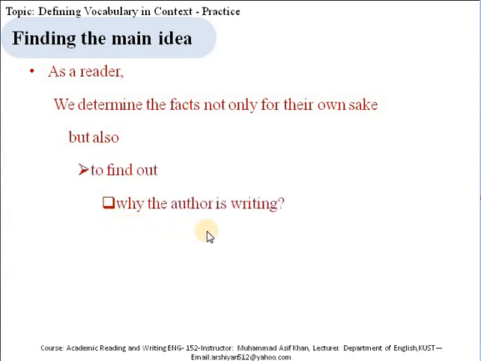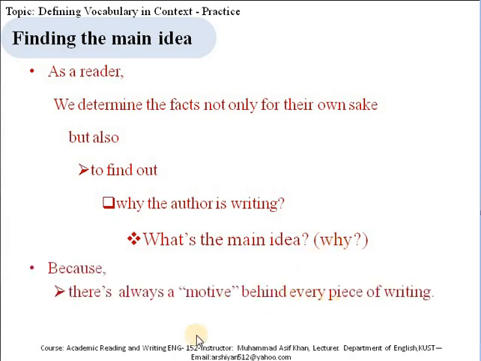When we answer the question of why the author is writing this piece of writing, we find the main idea, because there is always a motive behind every piece of writing. This was the review of the first 2 lectures. In the first lecture, we discussed how we can get the essential information from the text, and in the second practice, we tried to find the main idea of any piece of text.